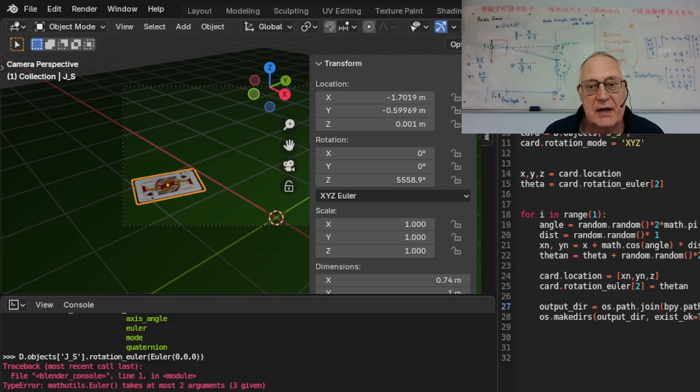This double slash for file name in Blender gives you the current position in the output path. So now here I want to change it. The name of the card is JS. If you have multiple cards, you can render those.